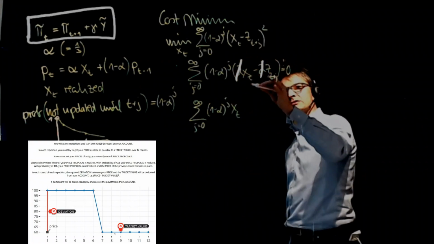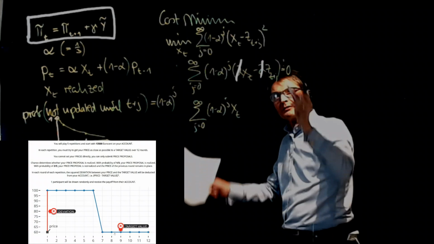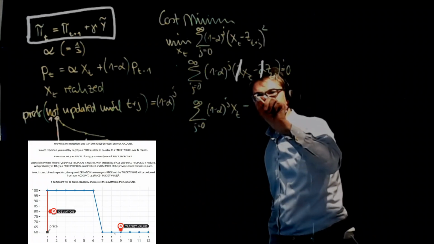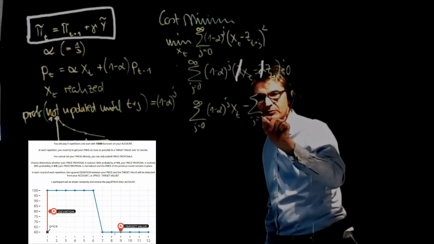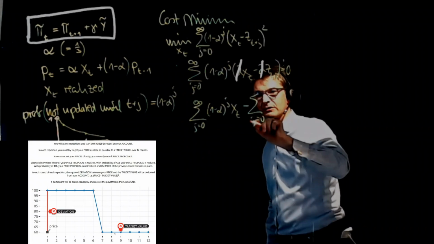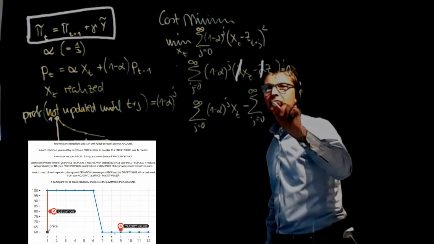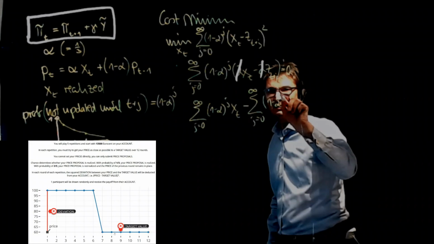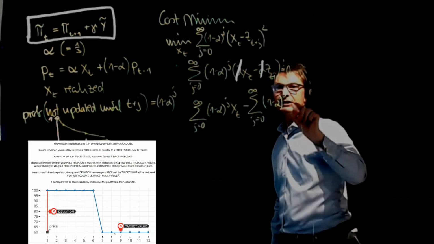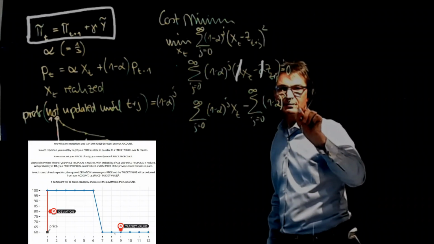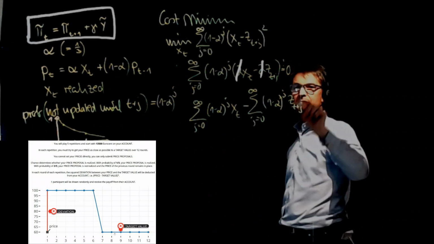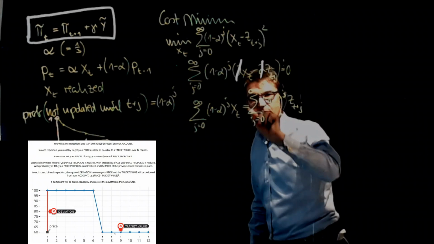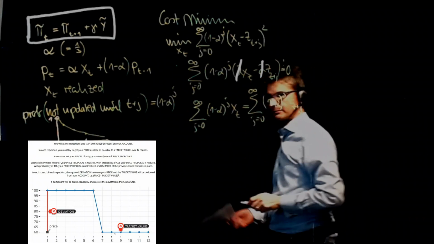And now I split up the whole sum and subtract the second part, the sum from 0 to infinity of (1 minus alpha)^j times z_{t+j}. That must be equal to 0. It's easier to say, well, this must be equal to this.